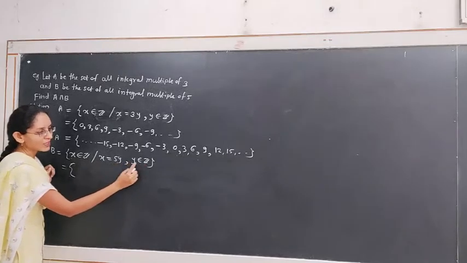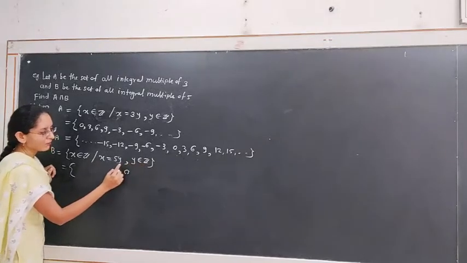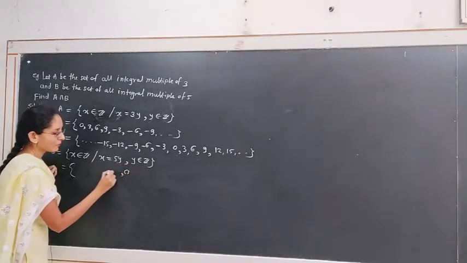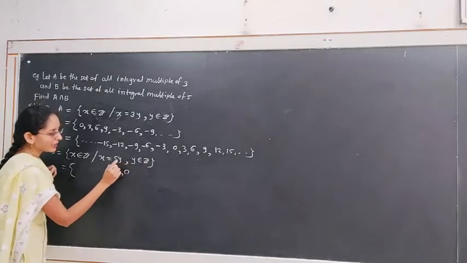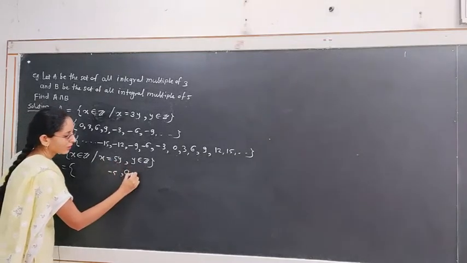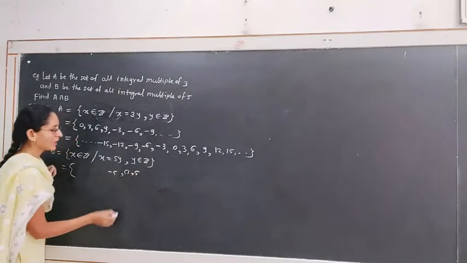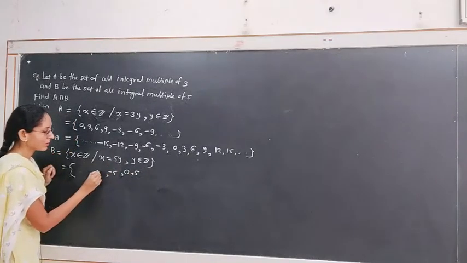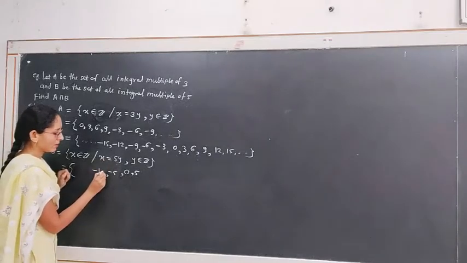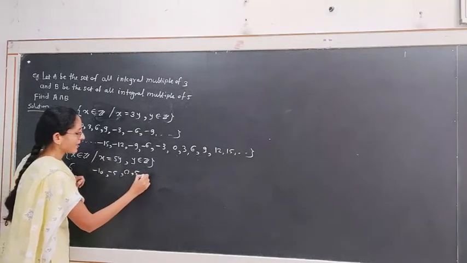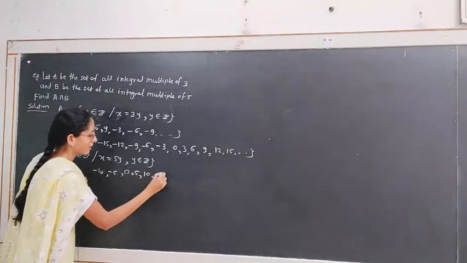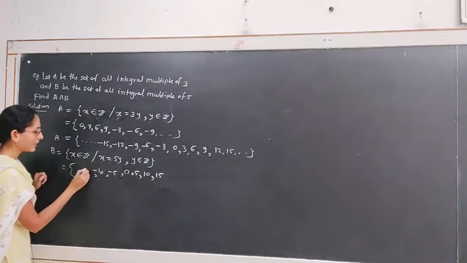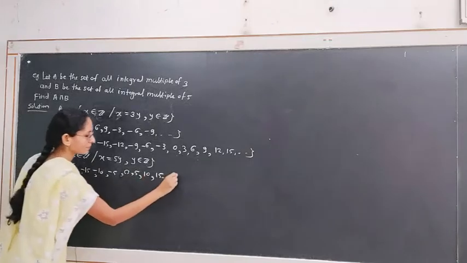For Y belongs to Z, consider Y is equal to minus 1, we will get X is equal to minus 5. If Y is equal to 1, then we will get X is equal to 5. If Y value is minus 2, then X value is minus 10. If Y value is 2, then X value is 10. Next is 15. Next negative integer of this set B is minus 15 and so on.